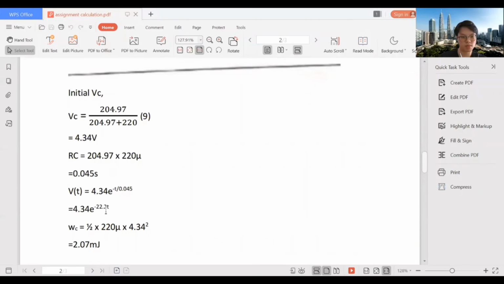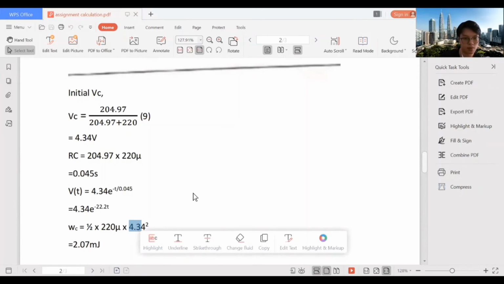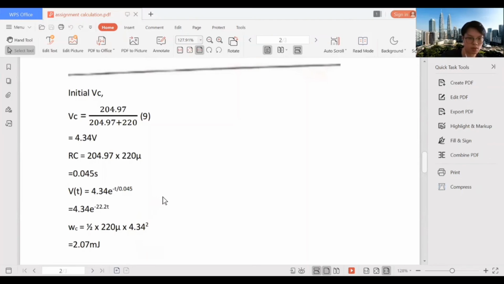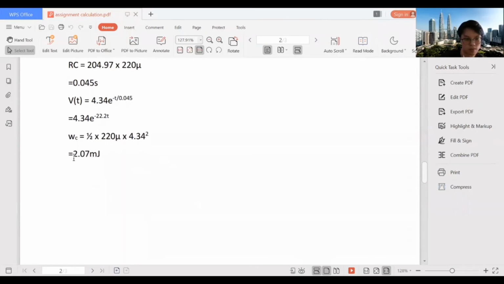It's like this. After that, we can also find the energy stored in the capacitor by using the formula half CV squared. So this is 0.5 times the capacitance, which is 220 micro, and then the voltage is 4.34 squared. So we get 2.07 millijoule.